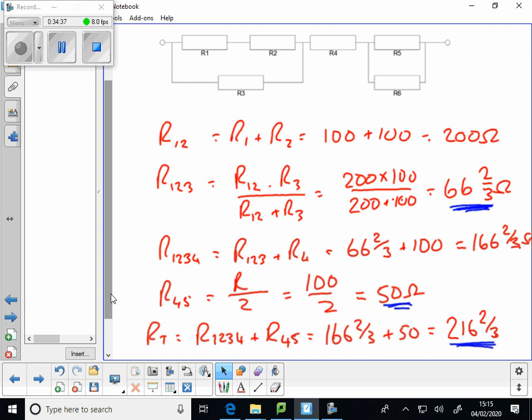R4 is in series anyway. You've paralleled that up to give you one resistor. So effectively you've got three things in series to add all together to get the final answer. So that's what you're looking for if it's a combination: breaking it down until you end up with either all series or all parallel, and then you can use the formula.